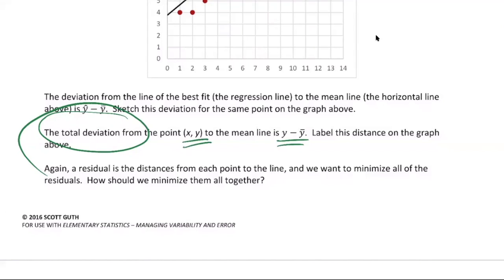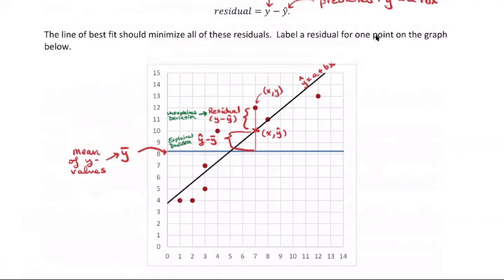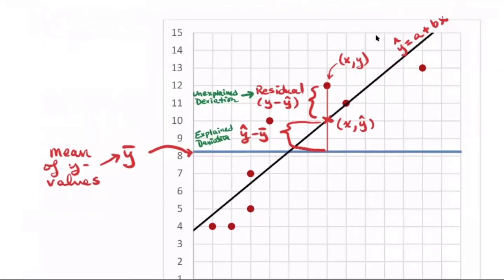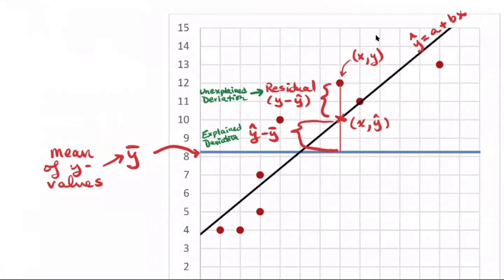So we just subtract the heights of those two y values. Remember, y is y bar on this blue line. So the total deviation, I'll do in a different color here, like that. That's the total deviation above the mean.